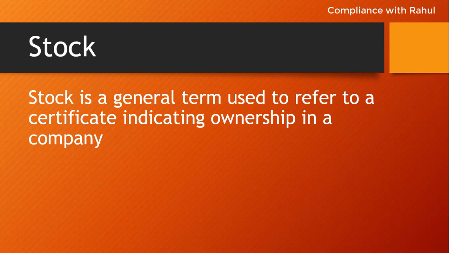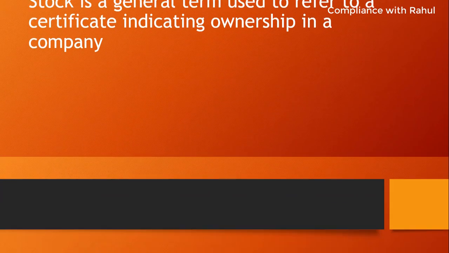And suppose if the company declares a dividend of say 1 lakh rupees, you are entitled to 10,000 rupees without any problems. This means to say that you are the owner and you are entitled to all the benefits a company gives out to all of its owners.